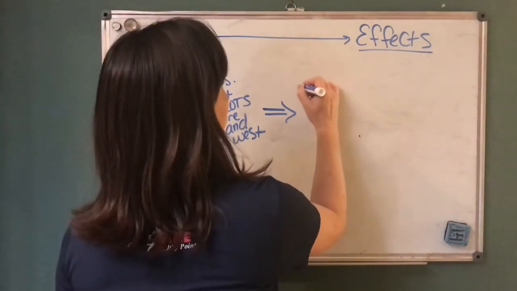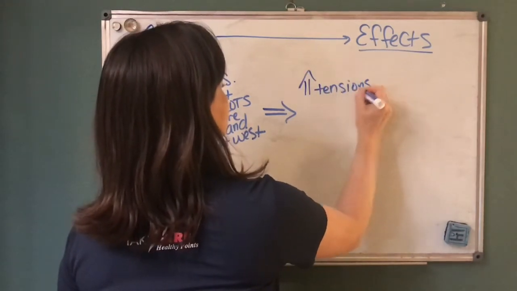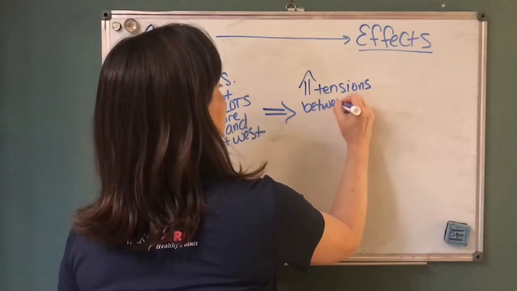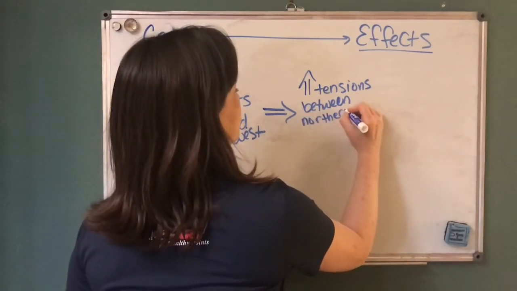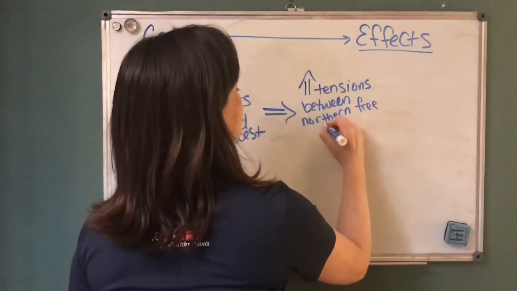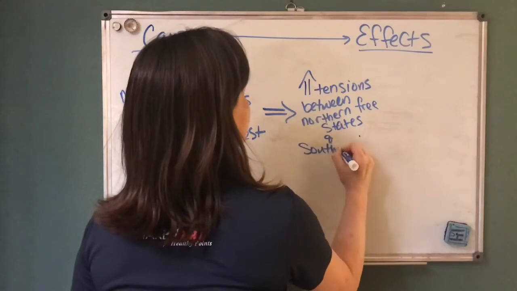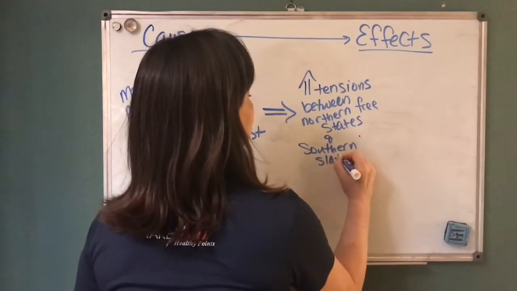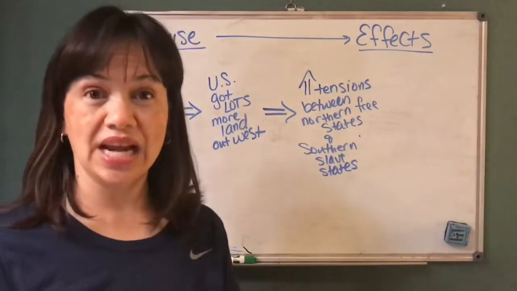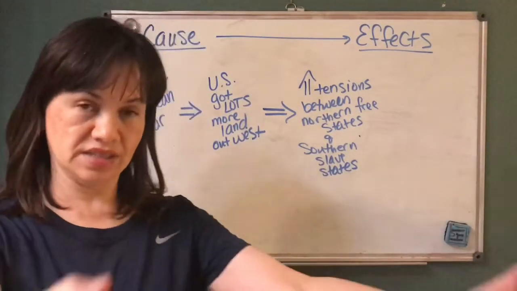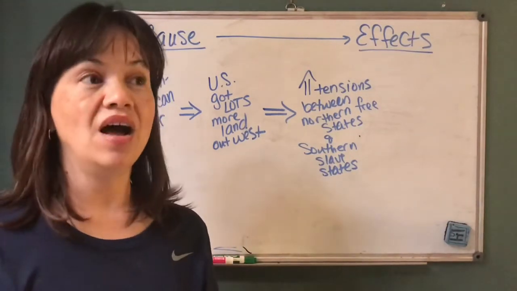So this increased tensions between northern free states and southern slave states over the question of how this new territory that was gained by the United States was going to be used.